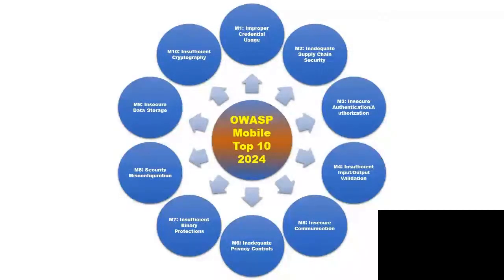What will happen if there are no security controls in the username field and the password field? This is what we call insufficient input, meaning an attacker can enter a malicious payload in those fields because those fields are connected to the database.